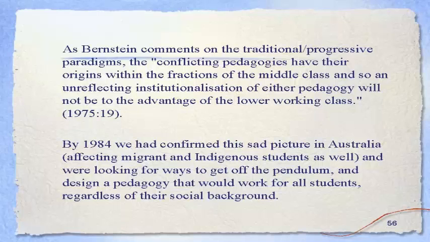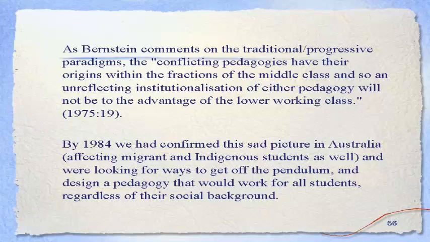I couldn't understand the volatility of the debates around these issues until studying and reading and rereading Bernstein about what's going on here. So he comments on this pendulum, traditional, progressive, as follows. The conflicting pedagogies have their origin within the fractions of the middle class, new and old middle class in his terms.